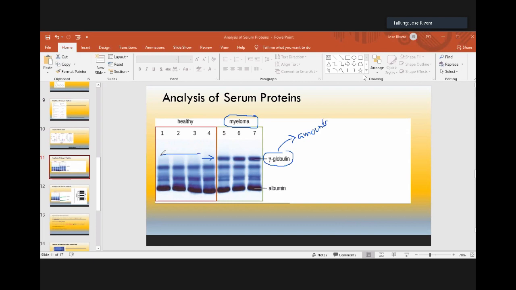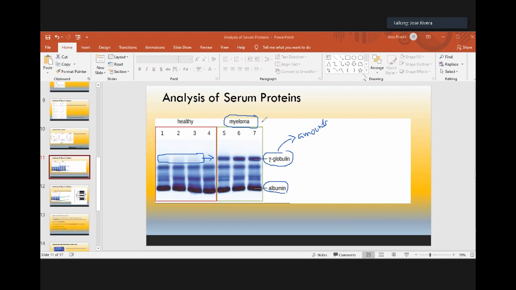You see here that you don't see any bands here. And so the albumin is the same amounts. Okay, so you will say here the person has myeloma.